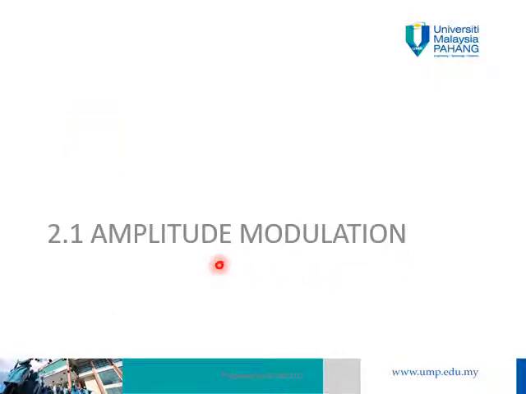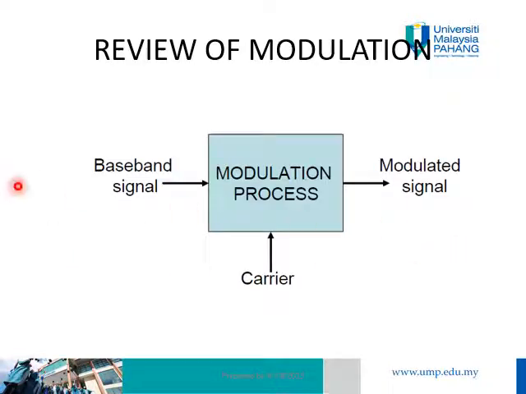So now we will discuss further about amplitude modulation. So let's see the general process of modulation. So modulation process basically is a process where it has two inputs and one output.